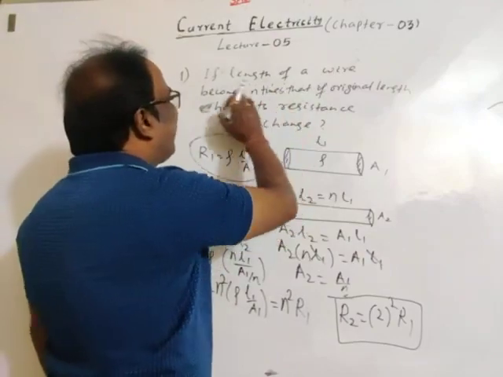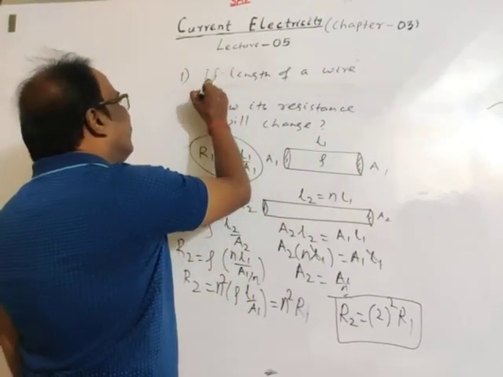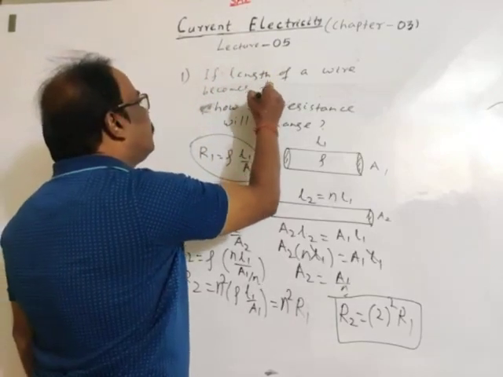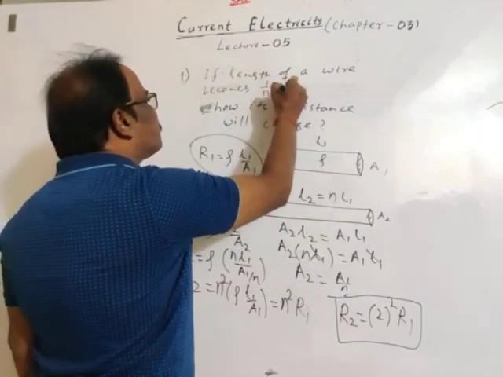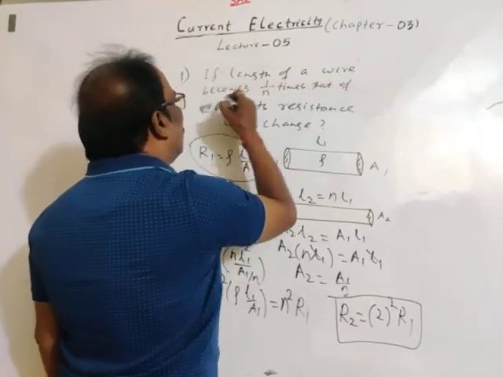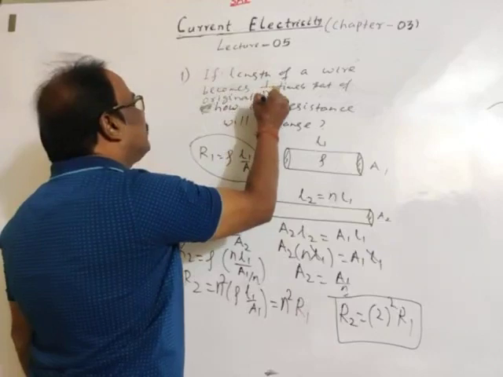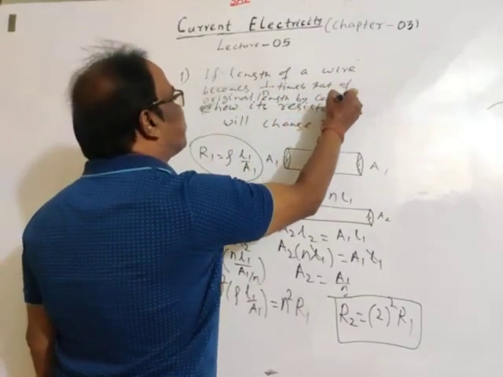The length of a wire becomes 1 by 2 times, or 1 by 3 times, or 1 by n times that of the original length by compressing it.